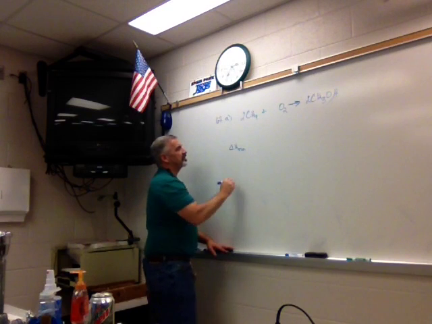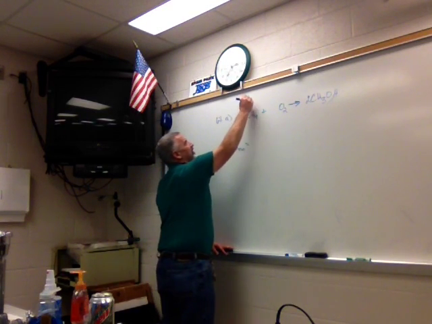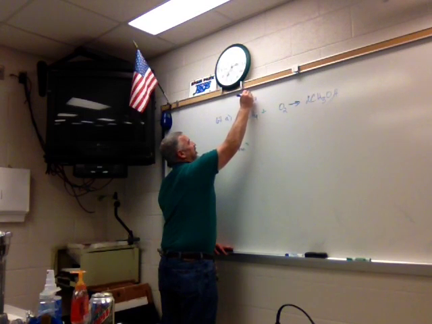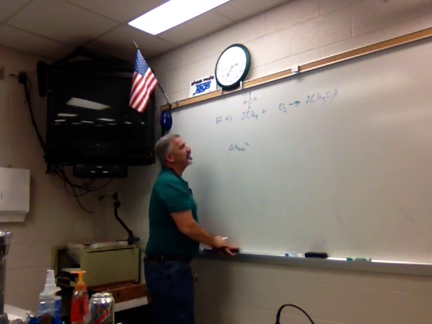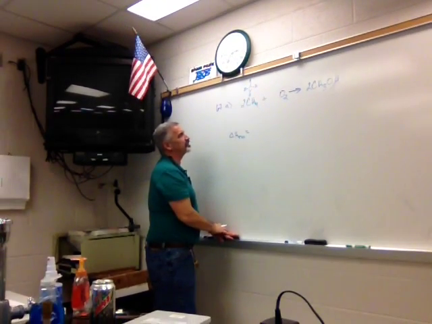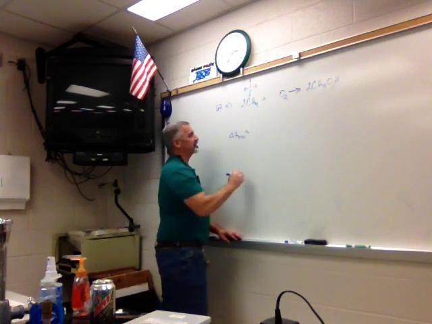So we go and plug this in. We're going to go bonds broken. Well, the CH4, that's going to look like this. So how many carbon to hydrogen bonds are we going to have to break total if it's 2 CH4s? 8, right?